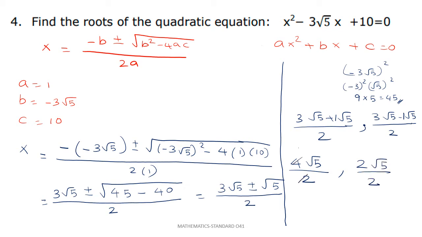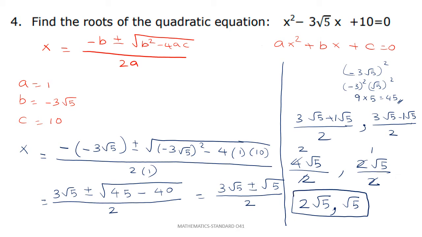So here 4 by 2 will give you 2 and this will give you 1. So finally our answer is 2 root 5 and root 5. These are the roots of the given equation.